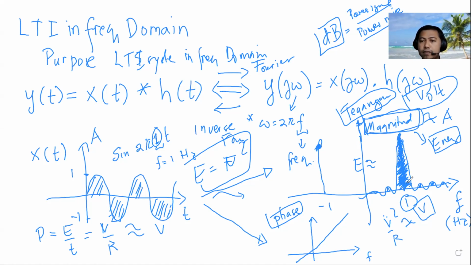In which frequency the energy is concentrated, for example in this case is 1 Hertz. So the signal in frequency domain will become like this. It means that the energy is concentrated in the frequency 1 Hertz. Something like this. Ada pertanyaan?